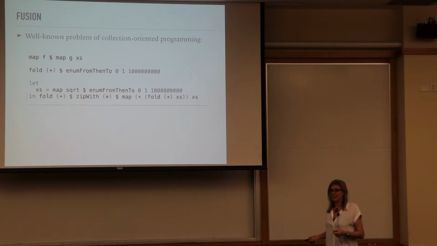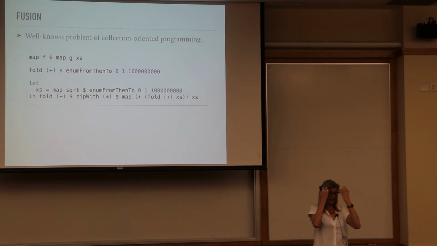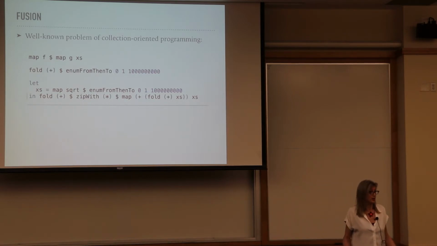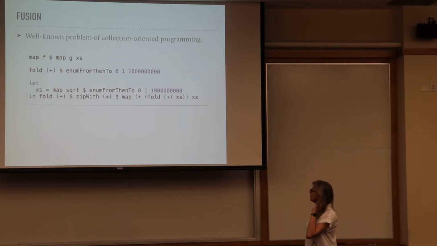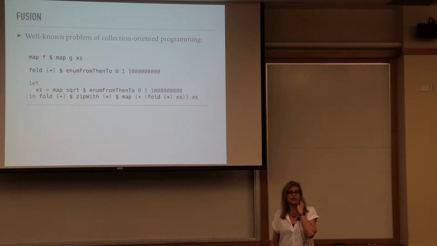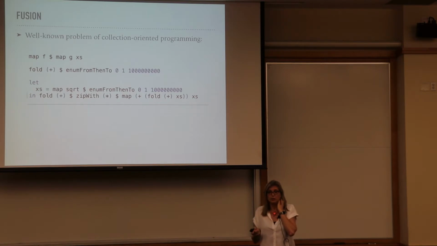But in general you can't really duplicate a computation and hope that fusion will amortize it, because you can actually increase the work complexity. And to decide that statically for all kinds of computations is not computable. So it is a difficult problem, and in general we're fairly defensive. If we have a value that's used more than once, we don't fuse it.